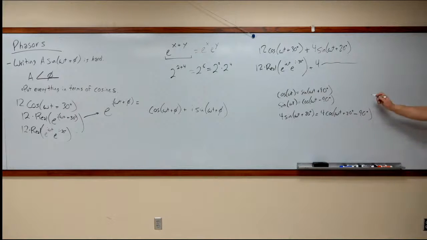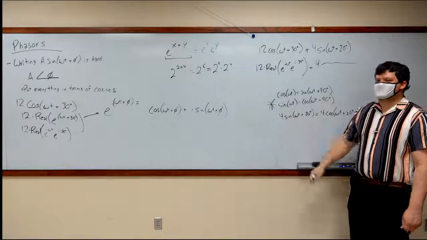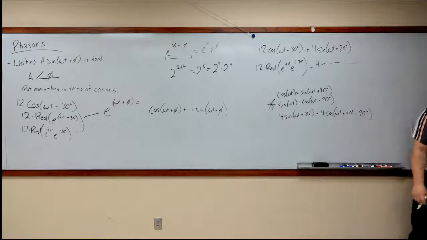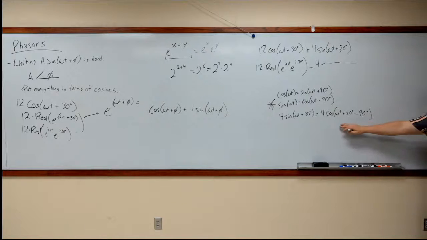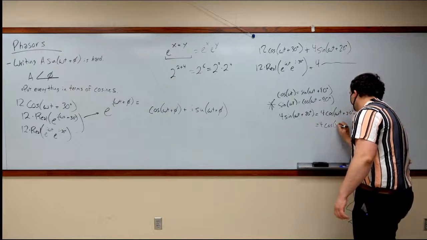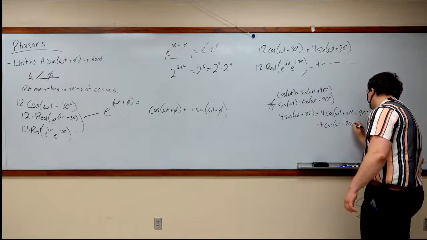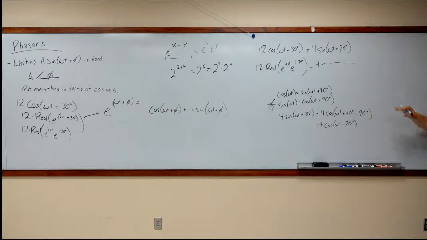You do have to remember this formula though. I would write this in a place where you can find it. I have to look that formula up every time. So write that somewhere you can find it, because you will have to use it a couple times. Now this becomes equal to 4 cosine omega t minus 70 degrees. Okay, now it's already in the formula.